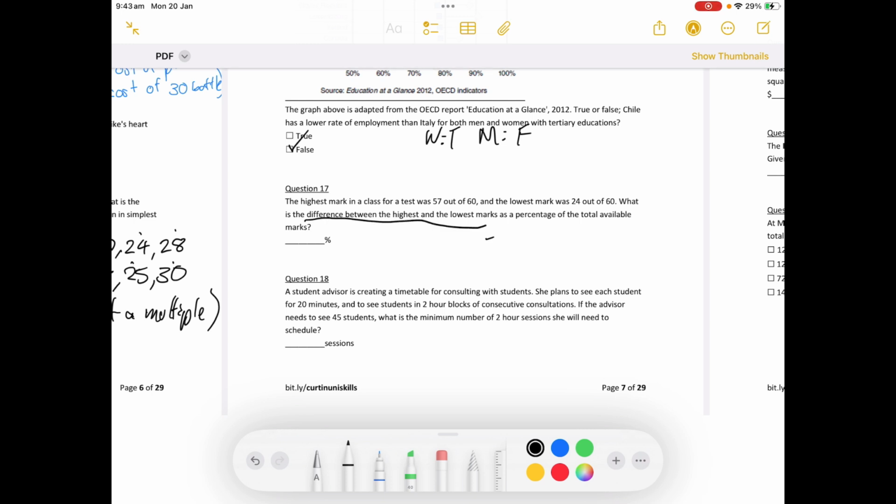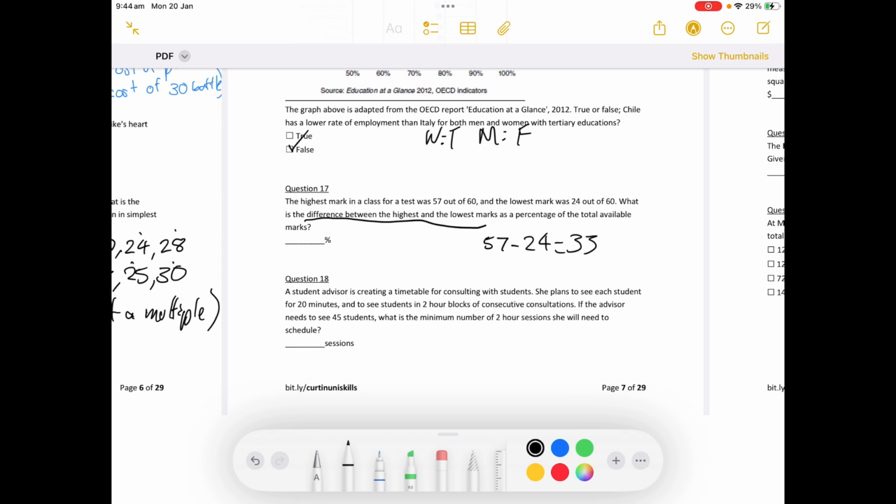So that's going to be 57 minus 24. And we'll put that in our calculator, or you can do it by hand, completely up to you. This is the calculator section though, so it doesn't hurt to use it. So 57 minus 24, that's going to be 33.